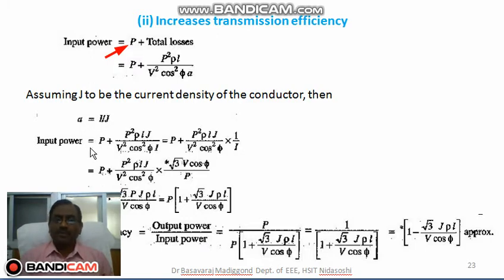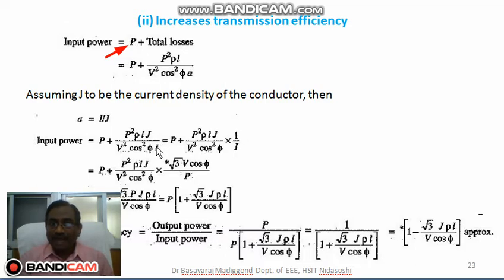Now the input power is equal to P plus P square rho L J divided by V square cos square phi into I, because I have substituted the value of A here.